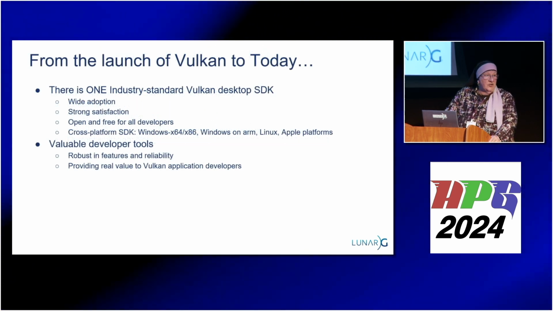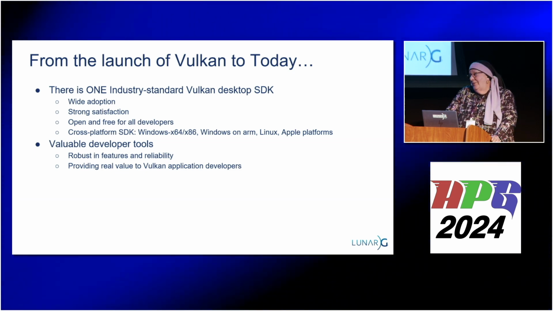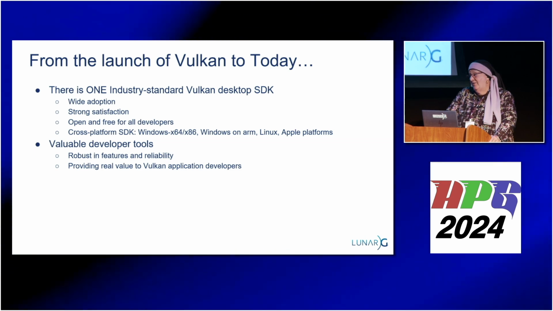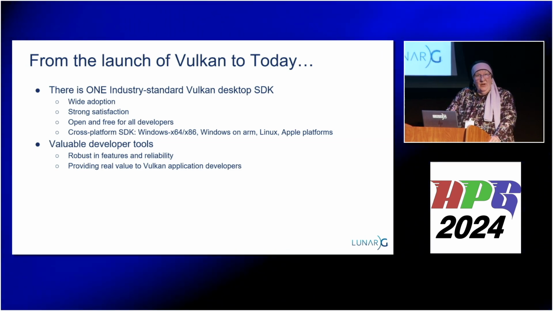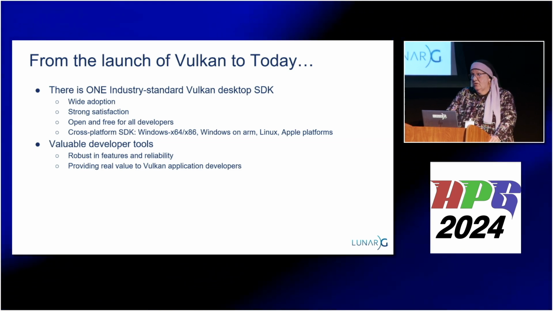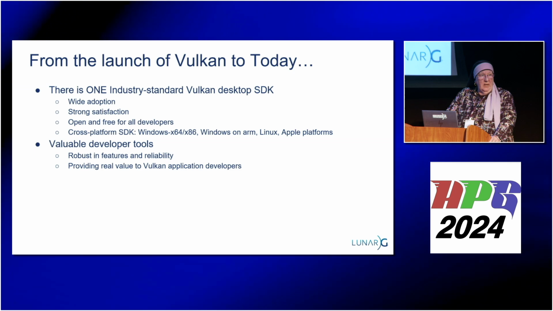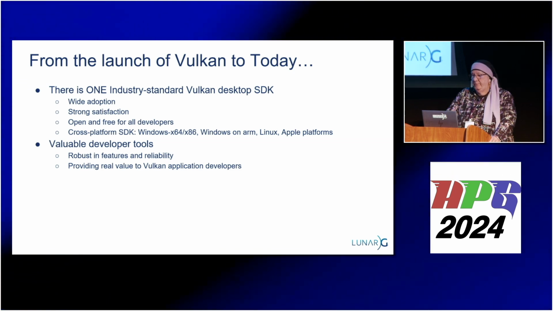From the launch of Vulkan to today, there's, in essence, one industry standard Vulkan desktop SDK. I never knew it would become that, but I'm pleased that it has. There's very wide adoption of it. There's strong satisfaction from the ecosystem surveys. It's open and it's free for all developers, and it's cross-platform.